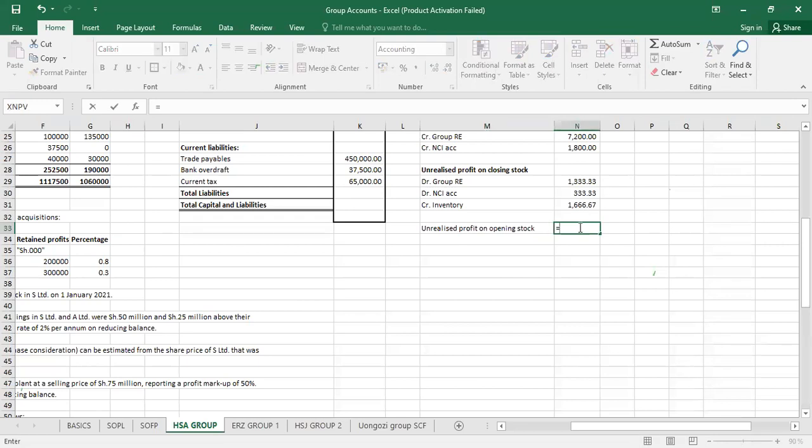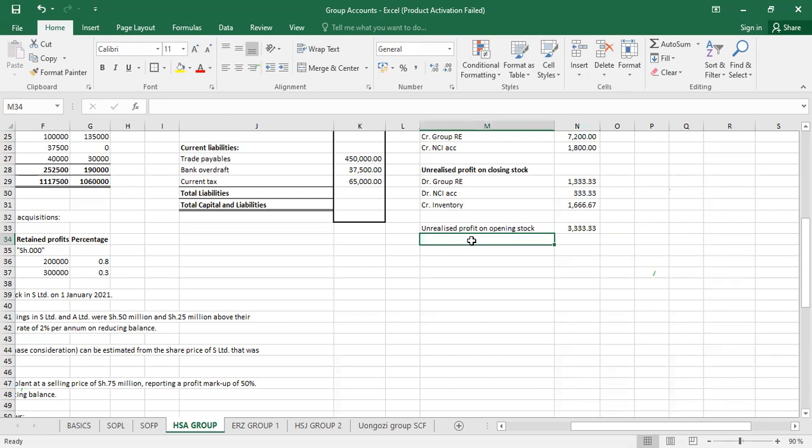So it was 10, then you multiply by the gross profit margin of a third. So this is the unrealized one. So maybe the entries that we will do: first, we will debit group retained earnings and NCI. Remember, this one is for the previous financial year, on the opening.